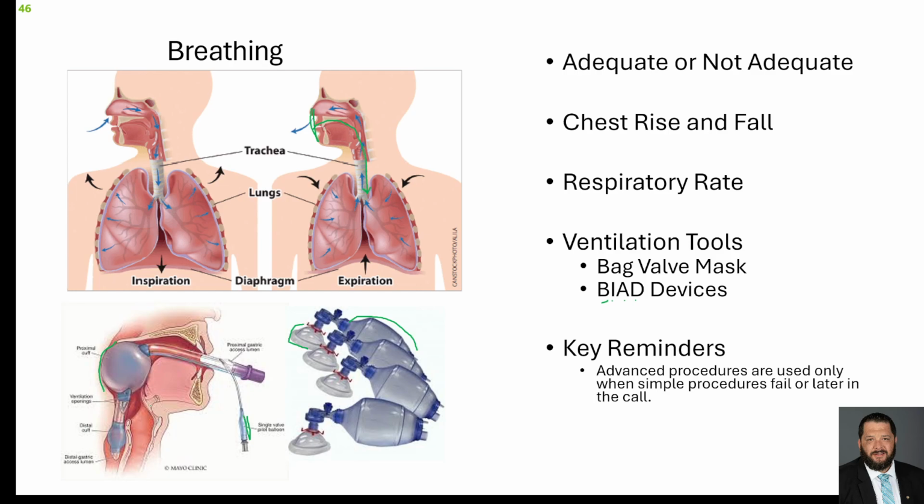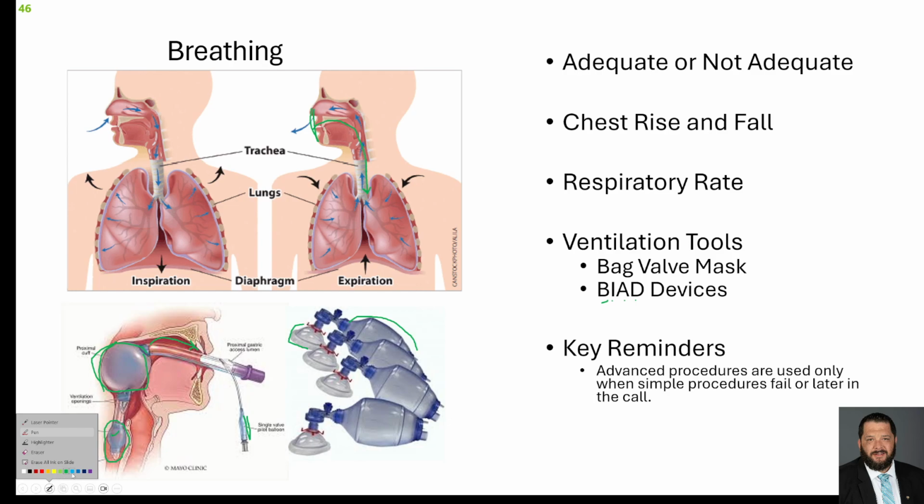And when you inflate the BIAD, you should not be holding on to it because it's going to self-seat. It's going to raise itself up, and the larger balloon is going to sit in the oropharynx here, the hypopharynx here, and the smaller balloon will likely end up in the esophagus. The balloon in the esophagus inflates to prevent air from going into the esophagus, and the larger balloon inflates to keep air from coming out of the mouth.